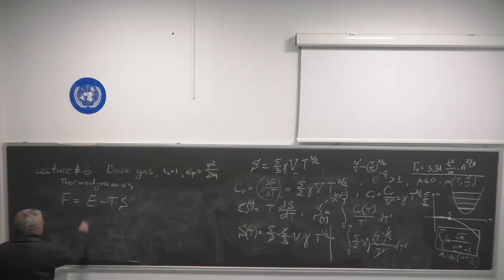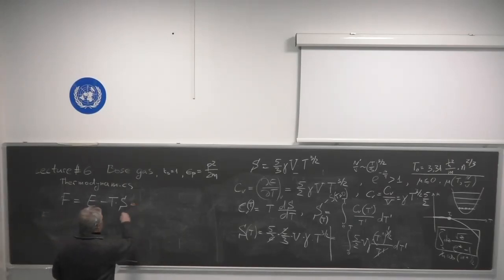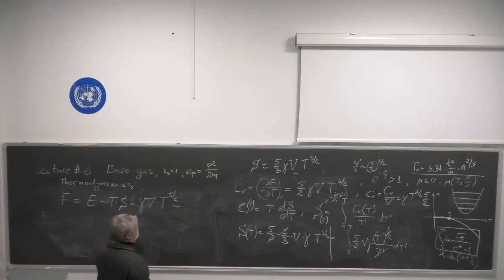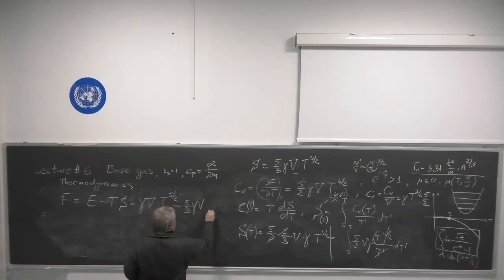Okay, look, this is the Gibbs free energy. I have all components for it. Energy is equal to gamma, volume, temperature to the power of 5/2, minus entropy, which is 5/3 gamma volume temperature to the power of 3/2, times temperature.